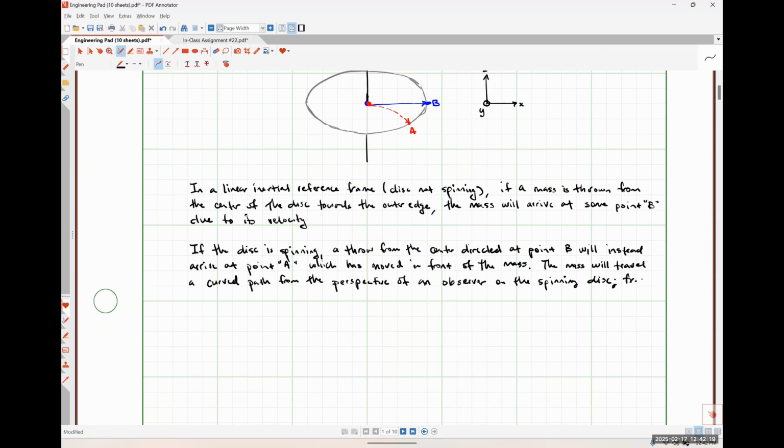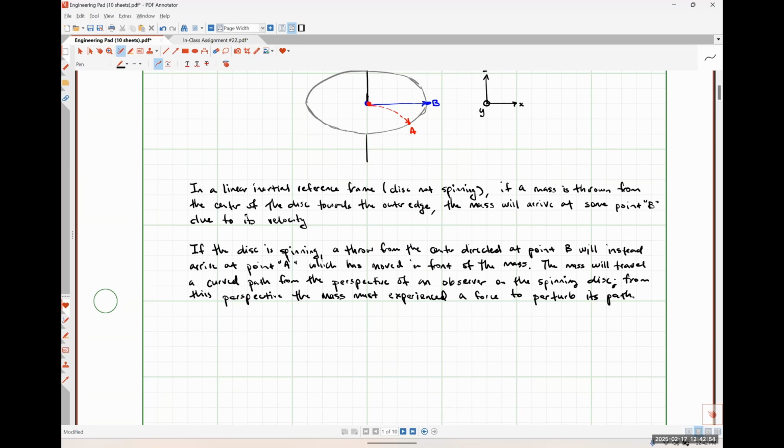So from this perspective, the mass must have experienced a force to perturb its path.